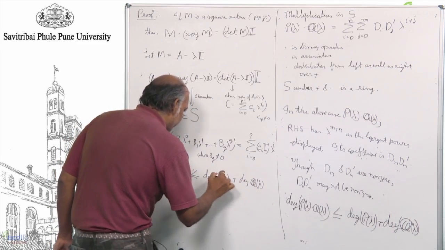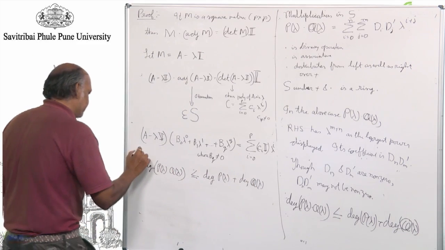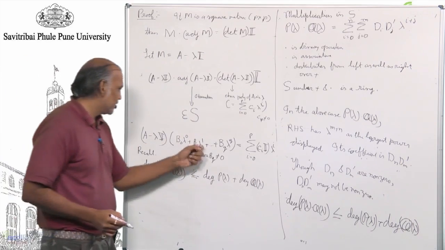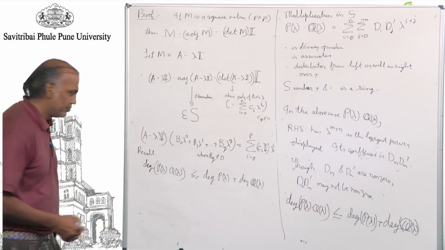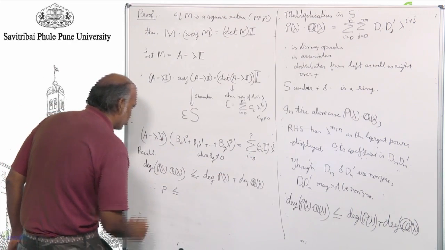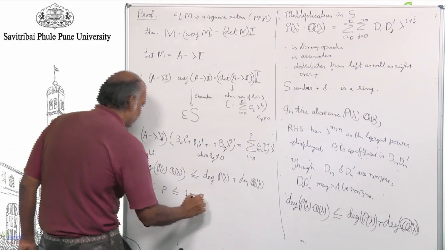I hope I wrote it right. So recall, pretend that this is P of lambda, this is Q of lambda. So the degree of the product, which is this, small p, is less than or equal to 1 plus q.